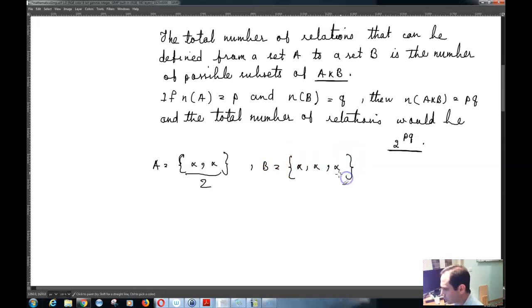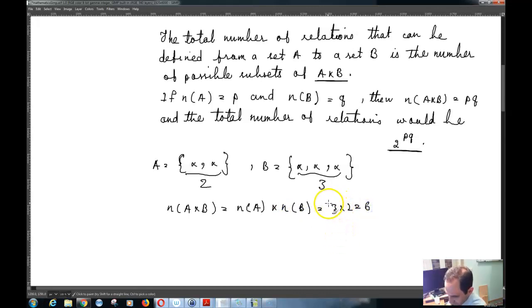Now n of A times B would be n of A times n of B, which is equal to 3 times 2, which is equal to 6.